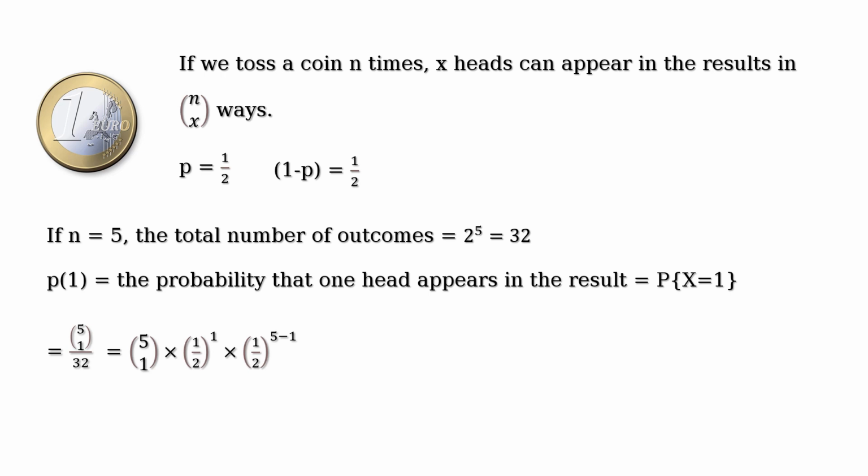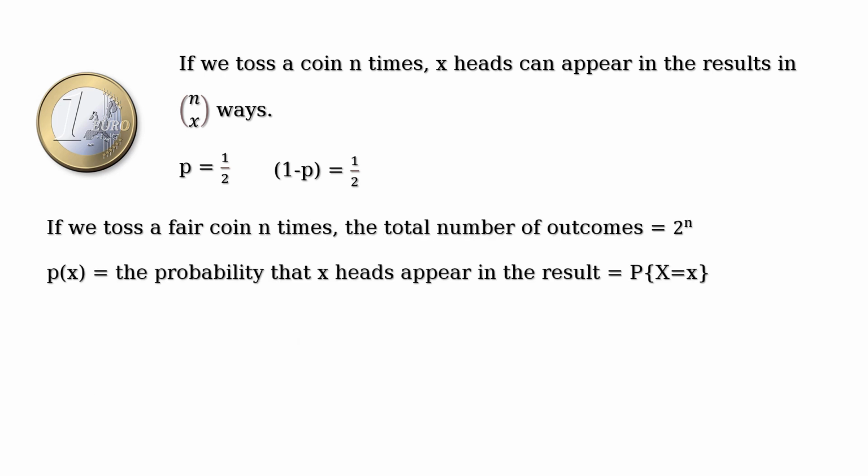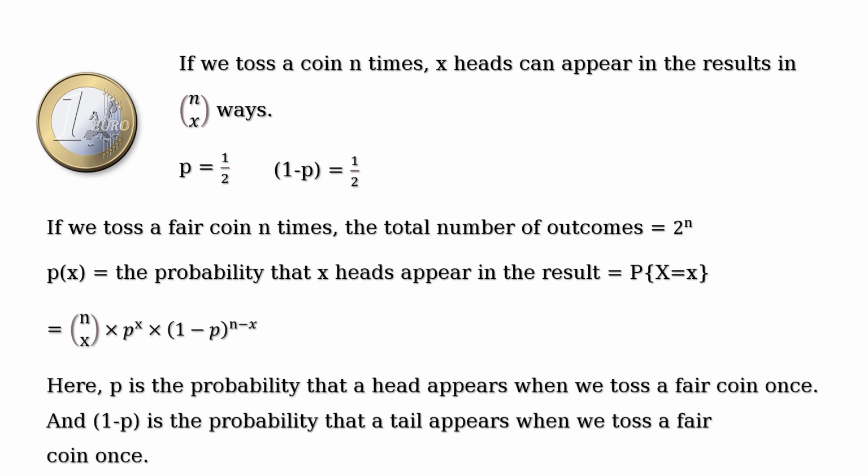In this way, we can say that if we toss a fair coin n times, the probability that x heads appear in the results is nCx into 1 by 2 to the power x into 1 by 2 to the power n minus x. That is equal to nCx into p to the power x into 1 minus p to the power n minus x.